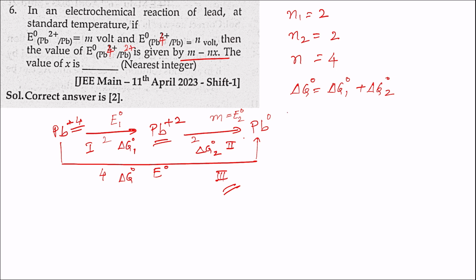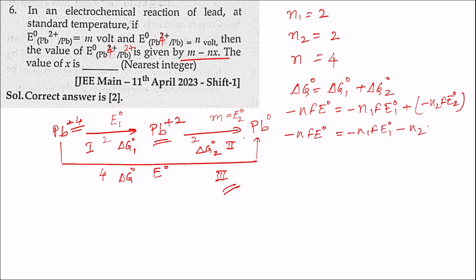Putting the value of delta G naught, minus NF E naught is equal to minus N1F E naught 1 plus minus N2F E naught 2. Simplifying, this can be written as minus NF E naught is equal to minus N1F E naught 1 minus N2F E naught 2.